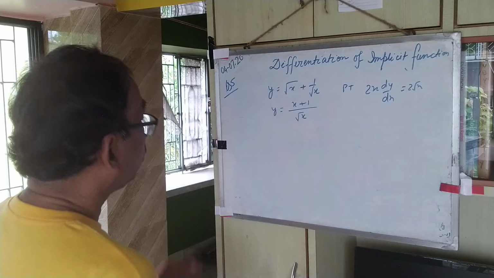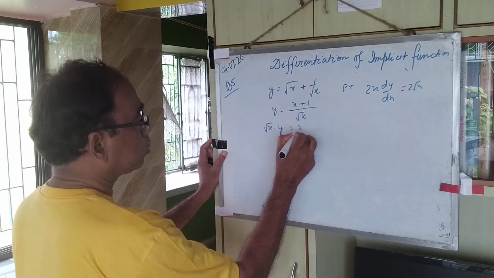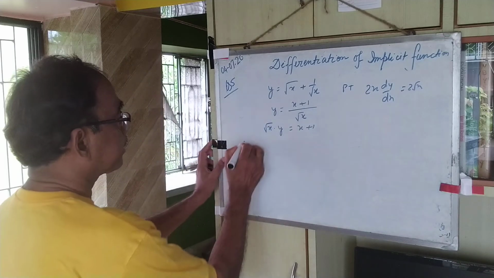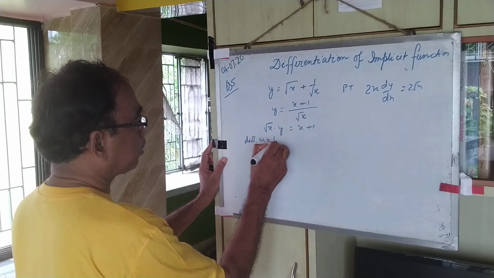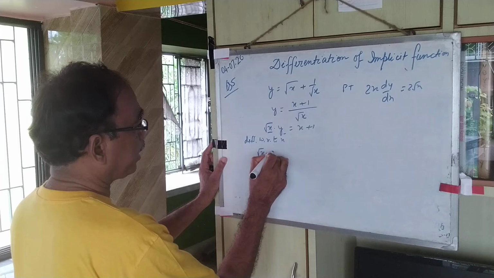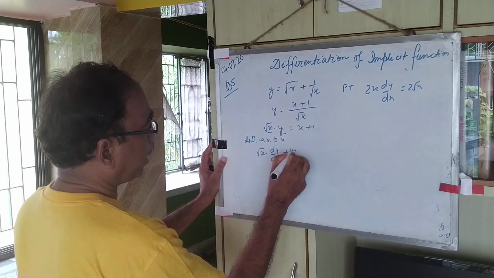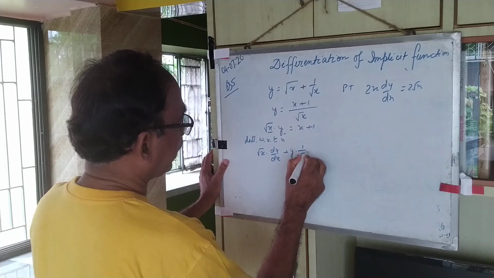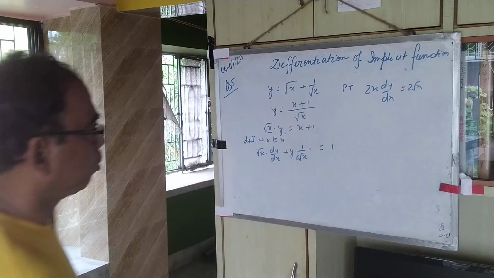Then root x into y equals x plus 1. Now differentiating with respect to x. This is u, this is v. Root x is constant, dy by dx, plus y is constant, root x's derivative is 1 by 2 root x, equals x's derivative, which is 1.